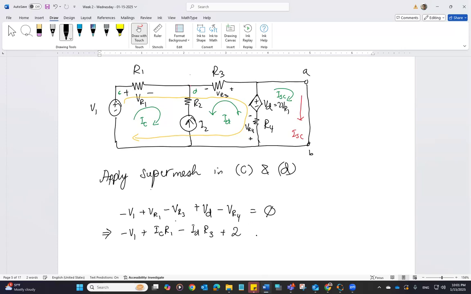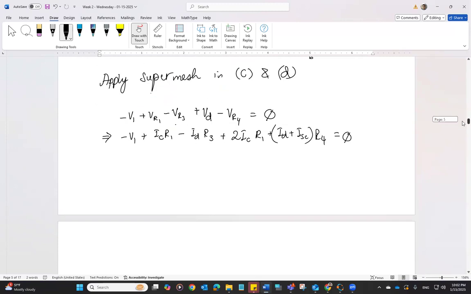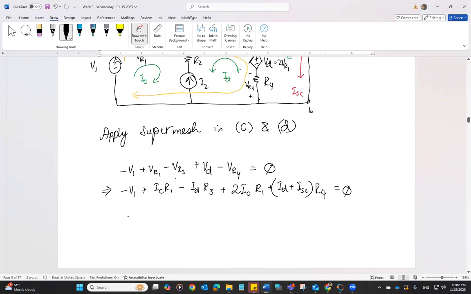So I'm just going to write this down as 2 times IC times R1, and VR4 is ISC plus ID times R4. So plus ID plus ISC times R4 equals 0. So this is our KVL equation in the bigger loop, C and D together.